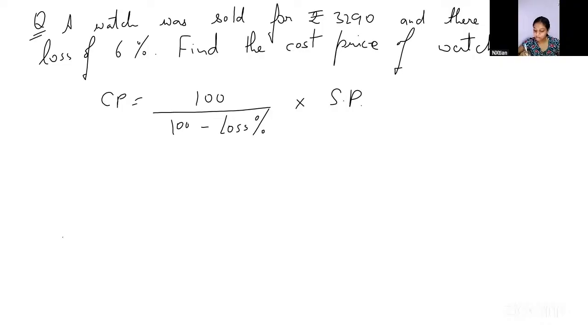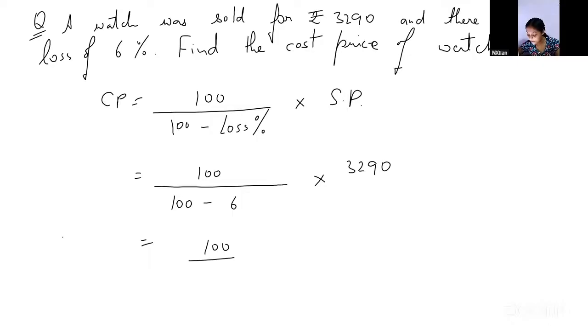Okay, let's do it. 100 divided by 100 minus 6, into 3290. Now 100 divided by 94 into 3290. Solve this and find out the answer, all of you.